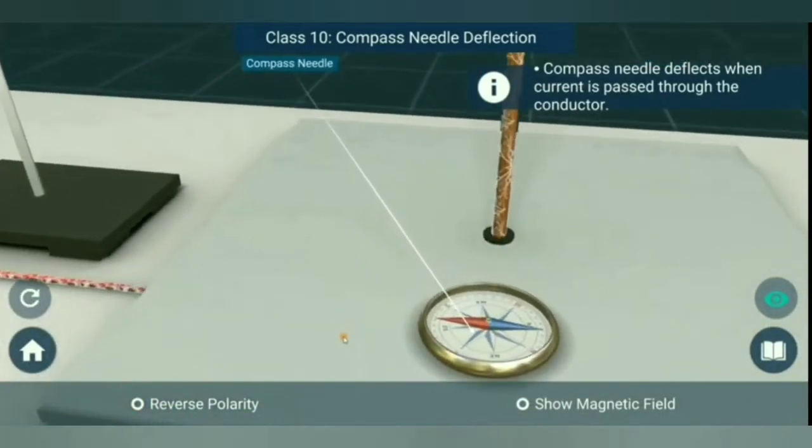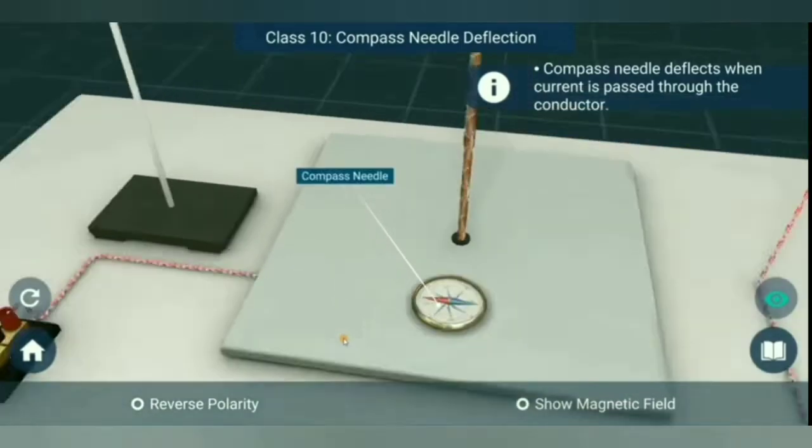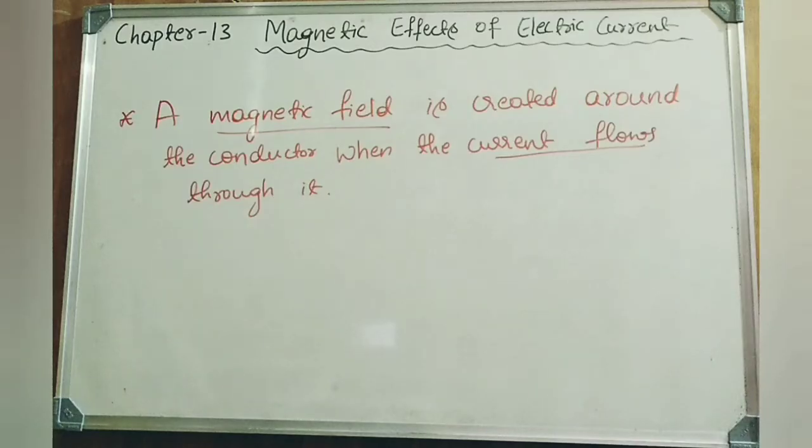Observe carefully. This activity indicates a magnetic field is created around the conductor when the current flows through it. Thus, an electric current carrying wire behaves like a magnet. Hence, we can say that electricity and magnetism are linked to each other.